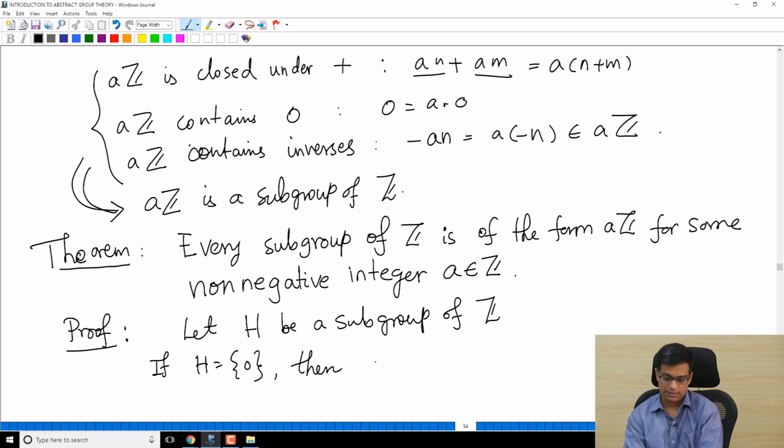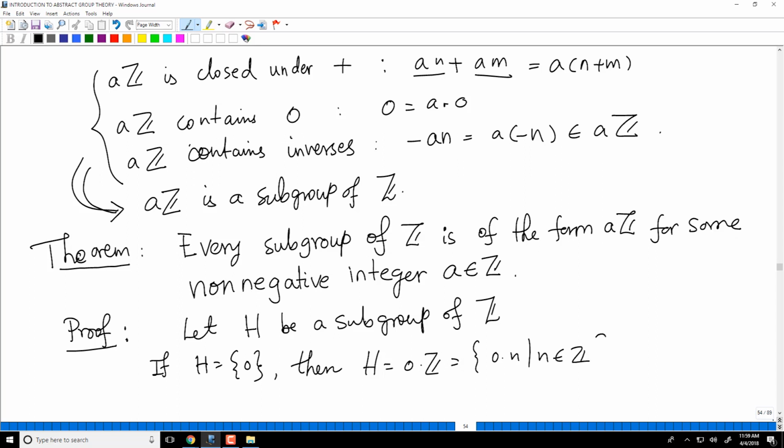Yes, it is of the form 0Z, because this is 0 times n, n in Z, that means this is just 0. Remember I am allowed to take any non-negative integer a, and I am going to take 0 in this case. If H consists only of the 0 element, it is 0Z, which is of the required form. So, that case is done.